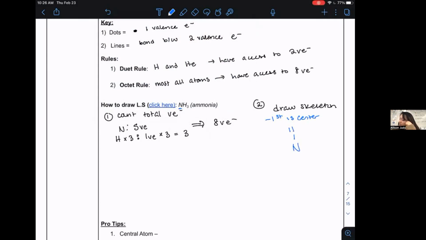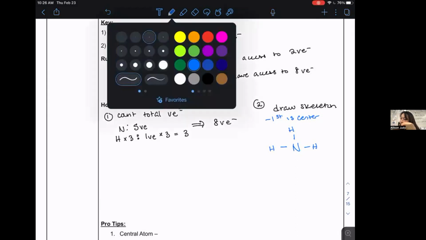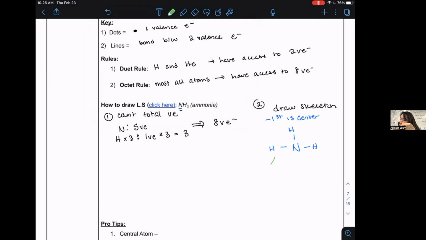The bare minimum bonding is it has to be bonded at least once to each of these terminal atoms. Hydrogen here is what we call a terminal atom. It's on the outside. It's got to be at least bonded once to each hydrogen. If it's not bonded at least once, you have a problem.